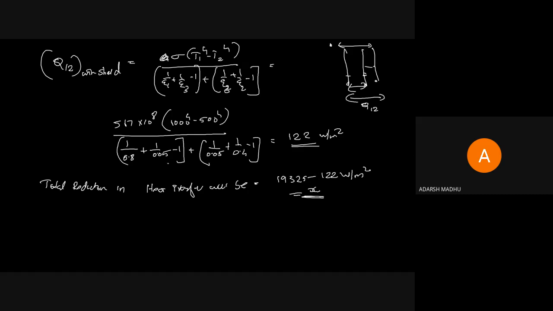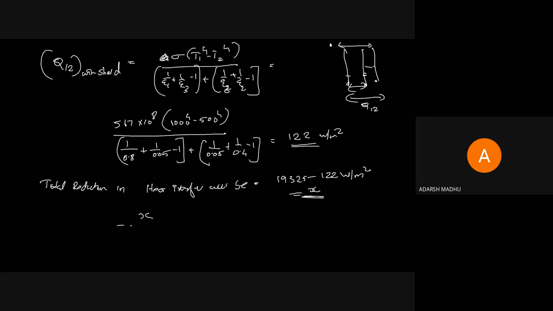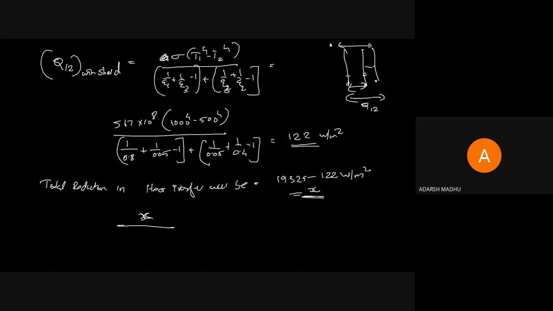So you want to find the percentage reduction in heat transfer. To find the percent reduction, take the total reduction value x divided by the total heat transfer without the shield, the maximum value, that is 19329, into 100.